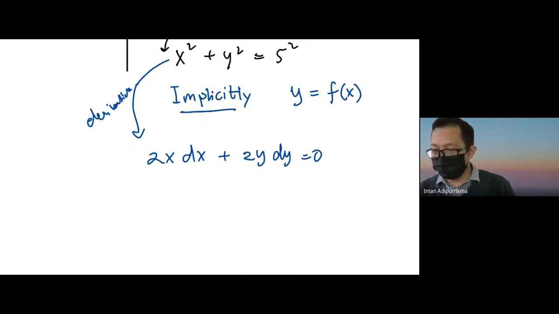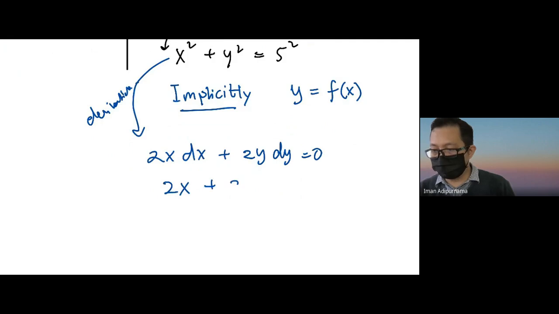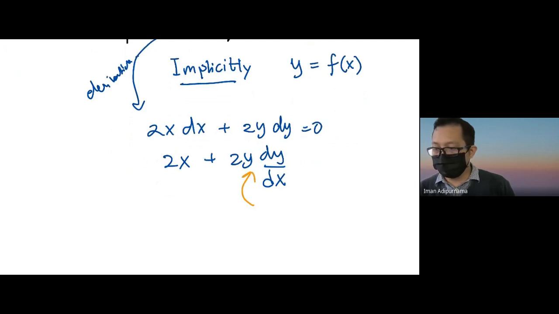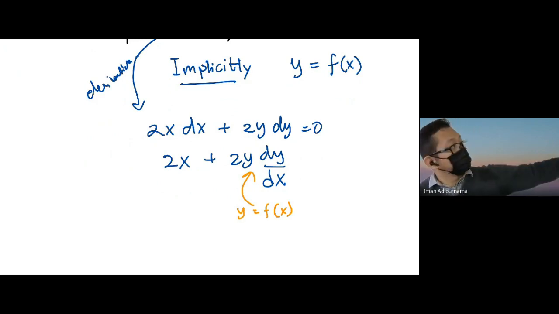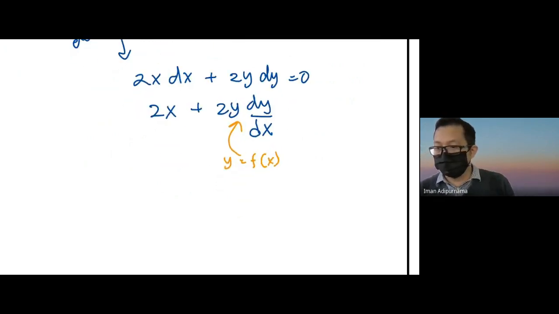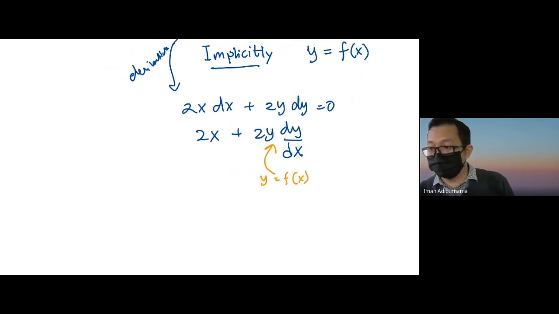Then you can make it dy/dx, and we can treat y as a function of x. But because y is inside the function, when we take the derivative of y, we need to include this dy/dx.